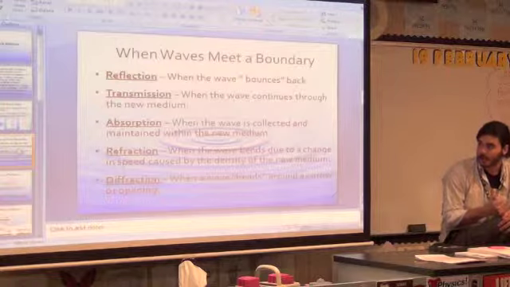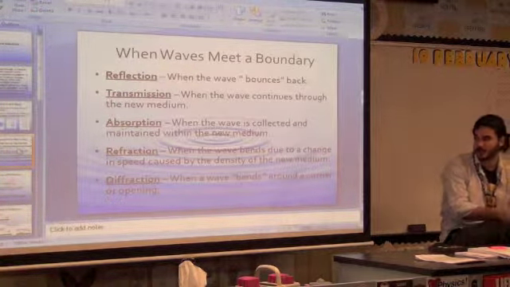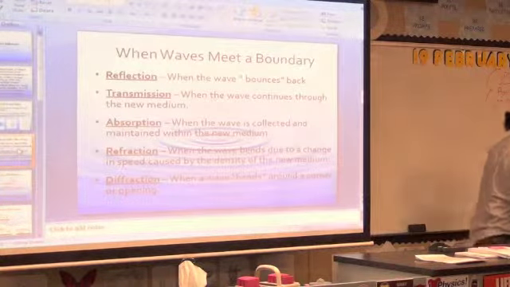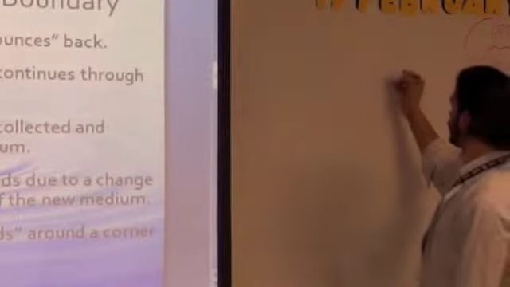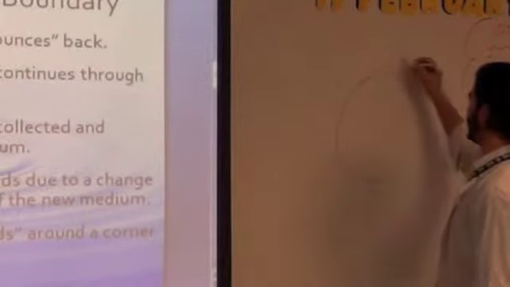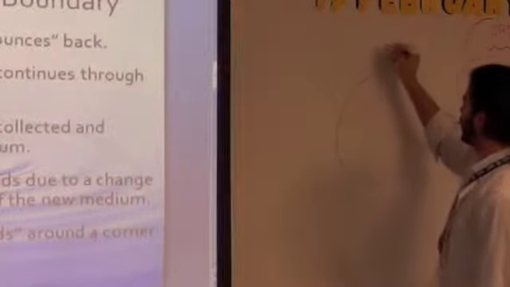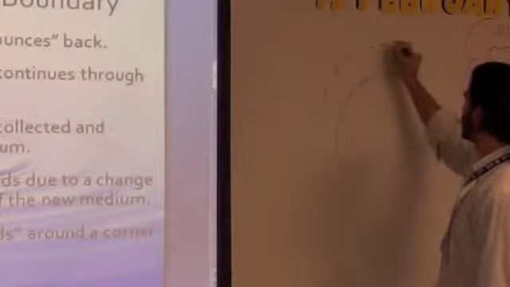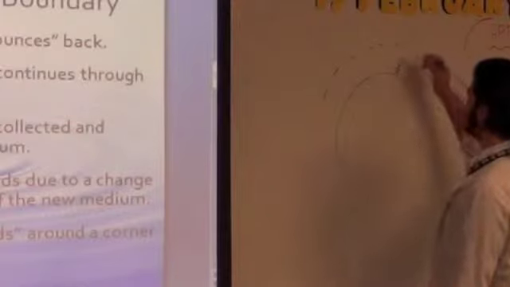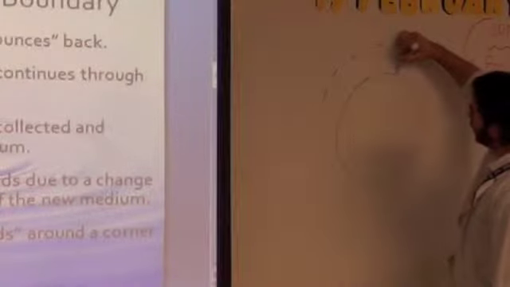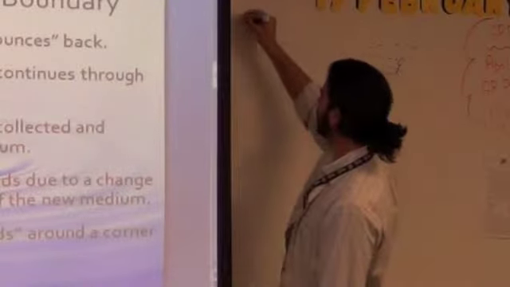All right, refraction is when the wave bends due to a change in speed caused by the density of a new medium. So, a really cool example of this is, say you are standing on the Earth right here. The Earth has an atmosphere of air around it, and then it's empty space, and then say it looks to you like the sun is right here.